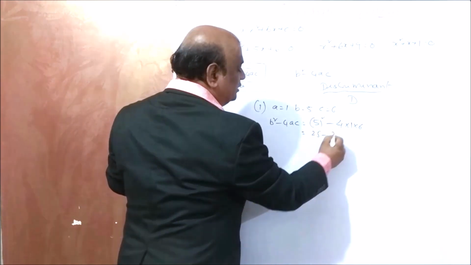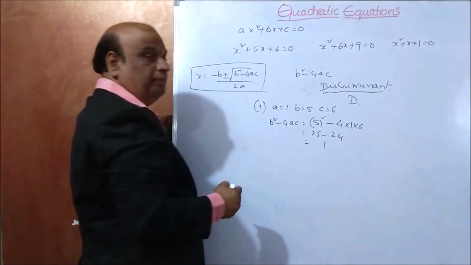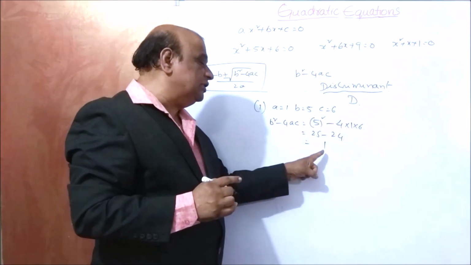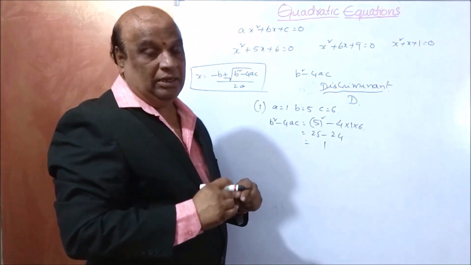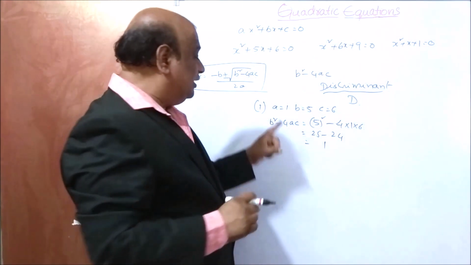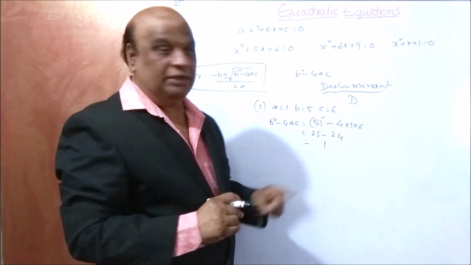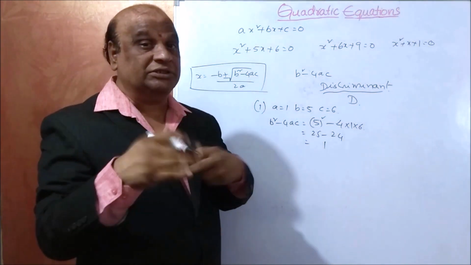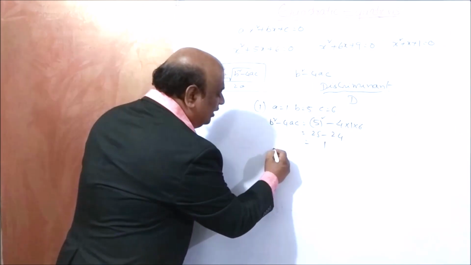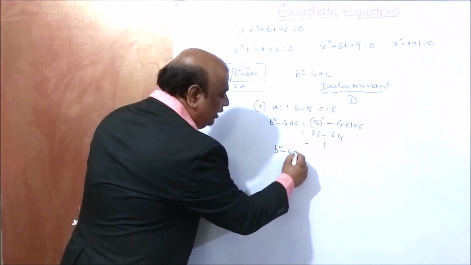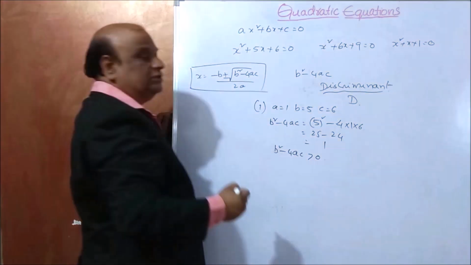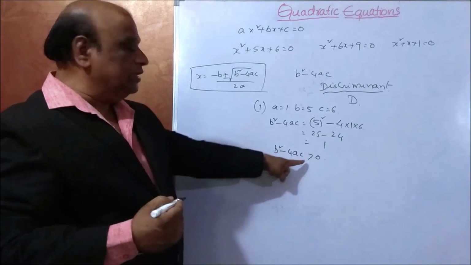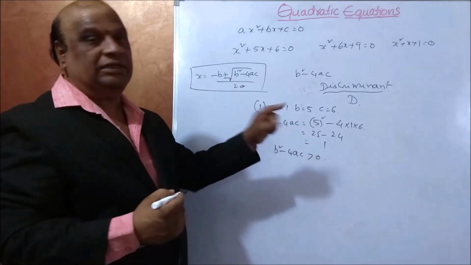That is 25 minus 24, that is equal to 1. My dear students, remember this. b square minus 4ac is equal to 1 means it is a positive number. It is greater than 0. So the first case is b square minus 4ac greater than 0.